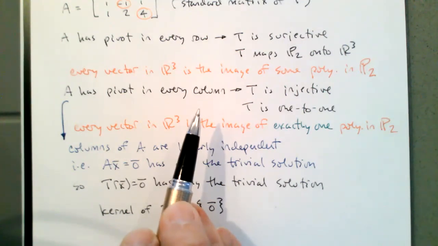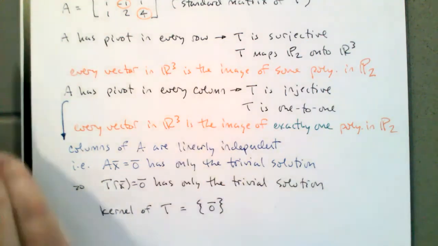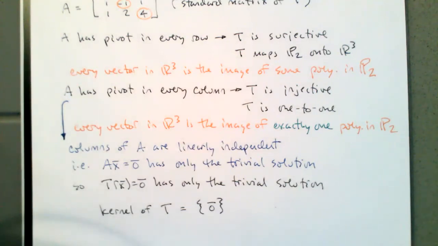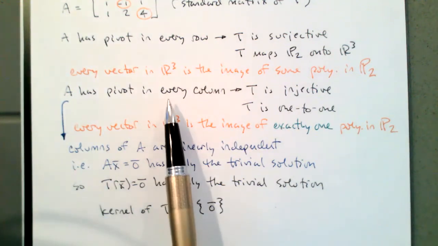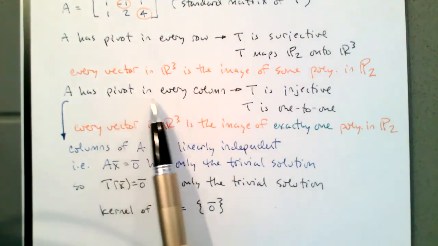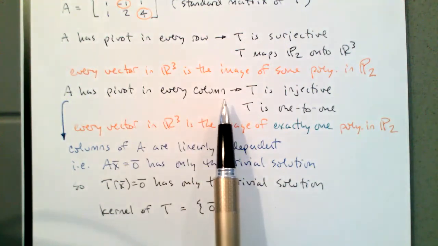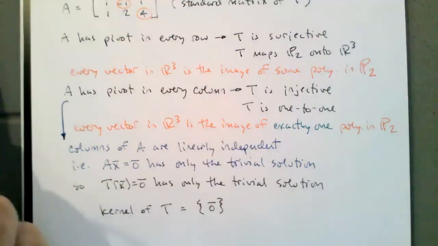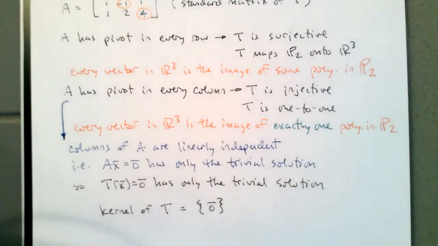So you don't get to edit out that word only. Homogeneous equation has only the trivial solution. Now the columns of A are linearly independent. But once again, the reason that we know that is that we saw the matrix and we saw that there is a pivot in every column. T is onto because the matrix of T has a pivot in every row. That's how we know. Your explanations should pretty much always go back to pivots.